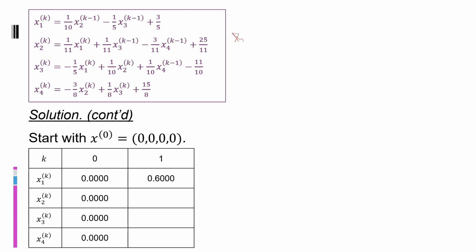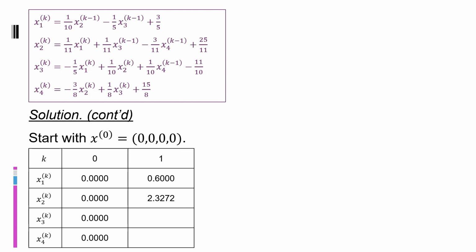For x sub 2, we have 1/11 times, eto na ang gagamitin natin for x sub 1. So we have 0.6 plus 1/11 times 0 minus 3/11 times 0 plus 25/11. And that is equal to 2.3272.